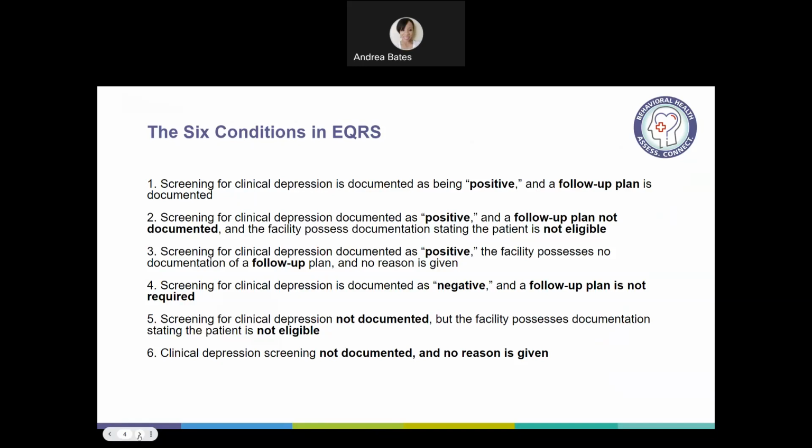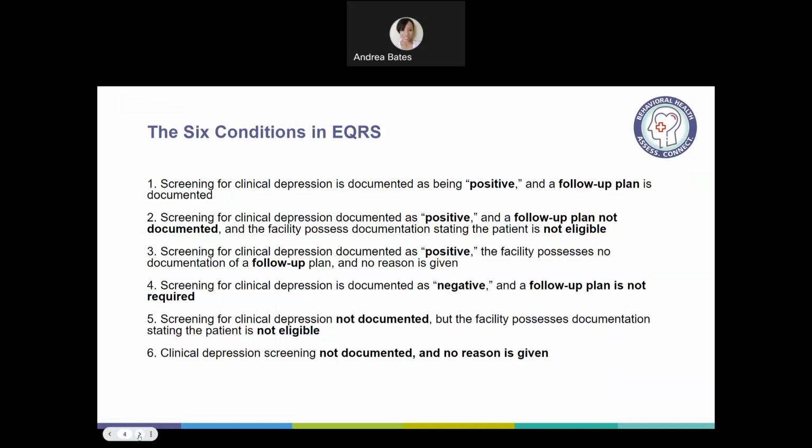The next condition, number 3, is again another positive screening for depression. However, the facility has no follow-up plan and there's no reason given why the plan is not documented. For condition 4, that's if a patient screens negative for depression, and in that case, no follow-up plan is needed.